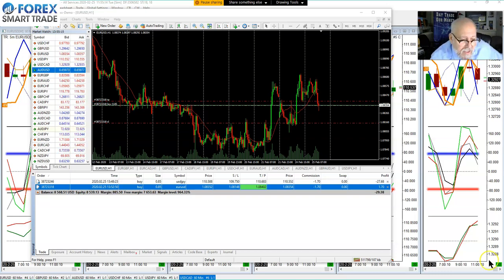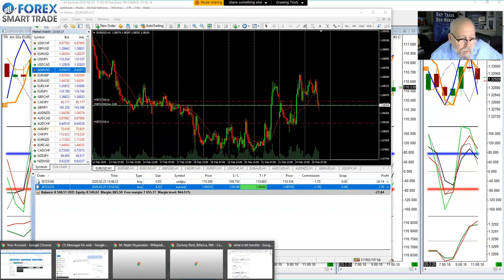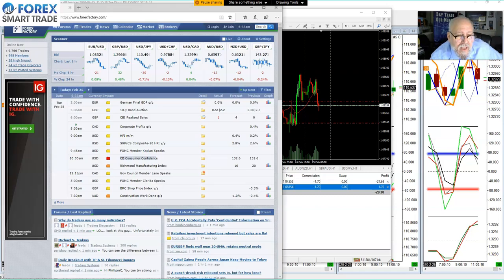And if there is news on an item, we don't want to trade it. In this case, we've got news coming up on the Euro USD at 10 a.m. I did take a trade, but we're 3 hours away, and typically a thick orange line trade is going to close in the next hour. So I was okay taking that trade because we've got such a long time to it. If it was going to be a 10-point trade, 10-point trade might take from 1 to 3 hours. I wouldn't have done that.